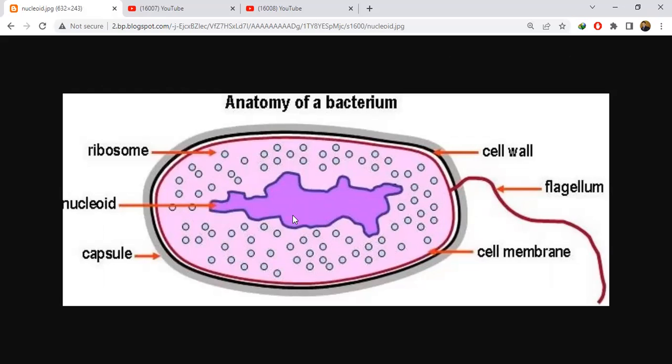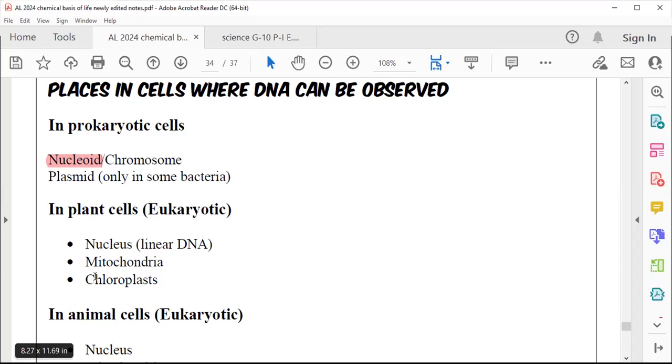In that nucleoid, the bacteria's main DNA will be placed. Additionally, there will be small DNA, which are the plasmid DNA.